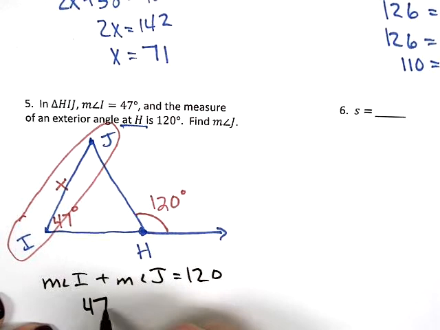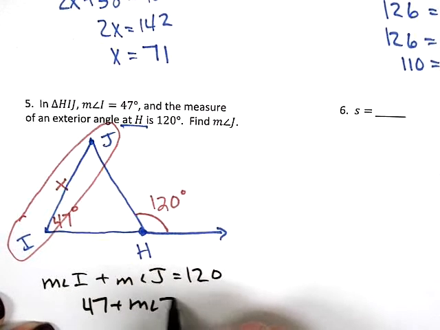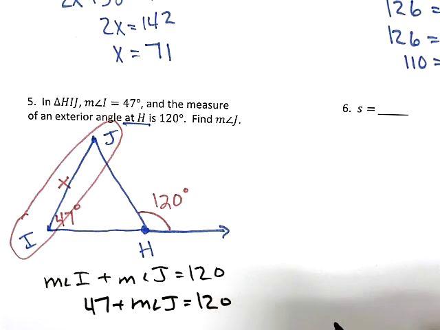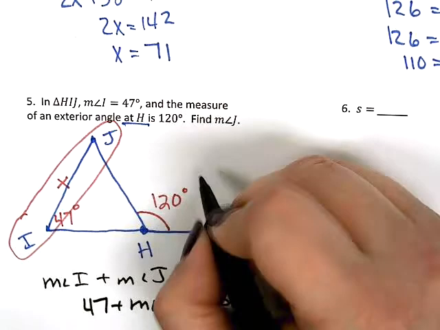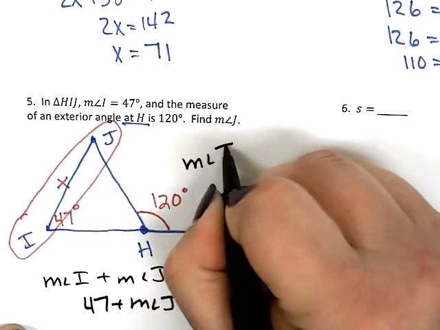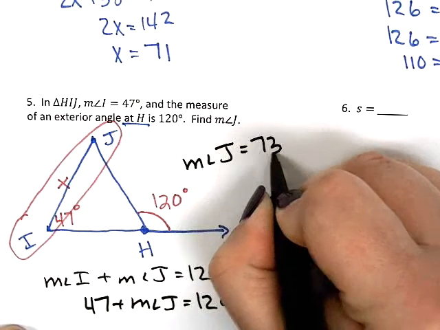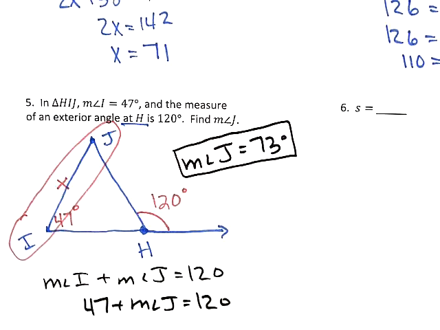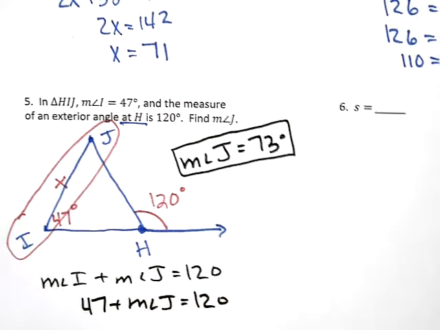So 47 plus the measure of angle J is 120. You can just subtract the 47 over, and we get that the measure of angle J is equal to 73 degrees. Okay, the biggest part about problems like that is going to be drawing that picture and making sure you've got your letters in the right spot. We'll do lots of practice with it though, don't worry.